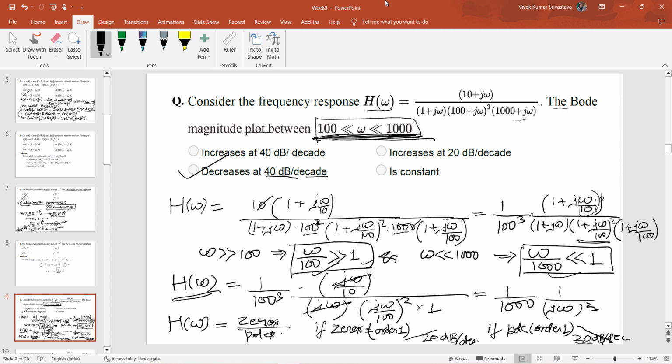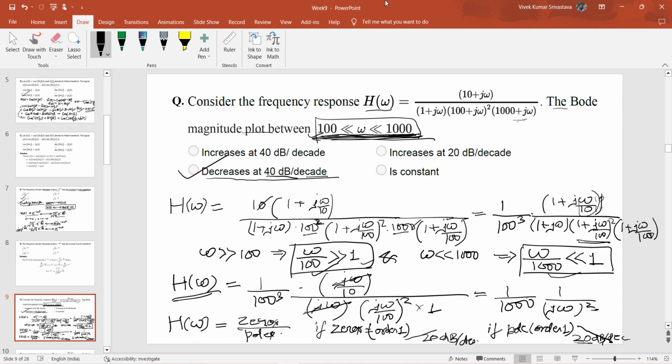So the overall rate by which the amplitude plot varies between this frequency range will be a decrease of 40 dB per decade. So any problem in this question, any doubt?